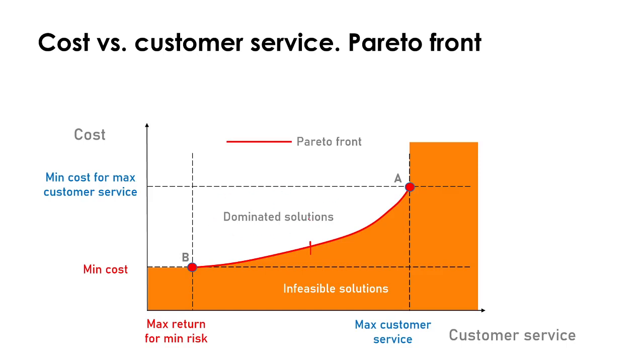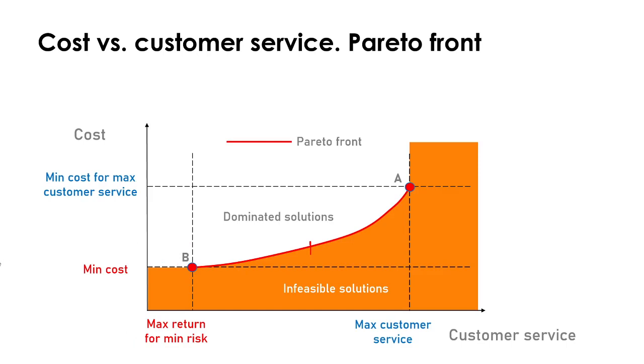So we have divided the whole area of different solutions into those which are invisible, the orange ones, those which are dominated, and those which are not, the non-dominated, which is also called the Pareto front.